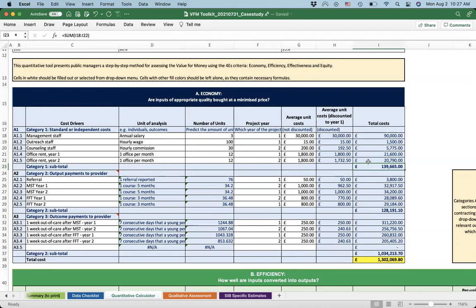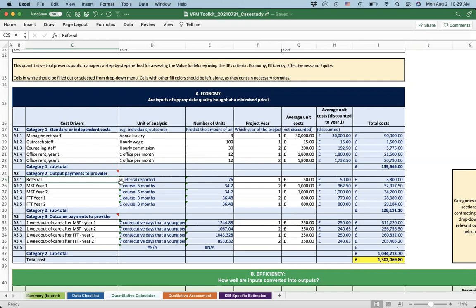But the more important and the bigger part of your costs in this type of outcome structure is actually output and outcome payments. And these categories are actually created from a drop-down menu of, given the sort of inputs that you have and the type of participants and the count of participants that you have, how many outputs and outcomes you're actually likely to get in this project. And this will help you to understand what you might be paying for in outcome or output-based payments.